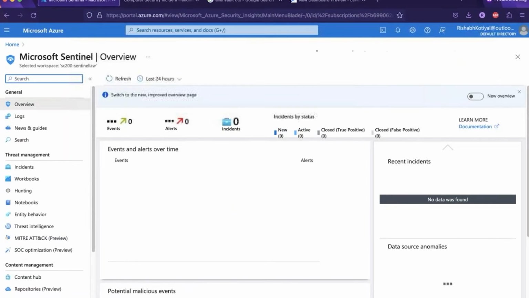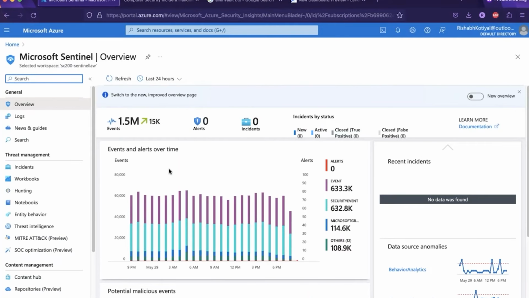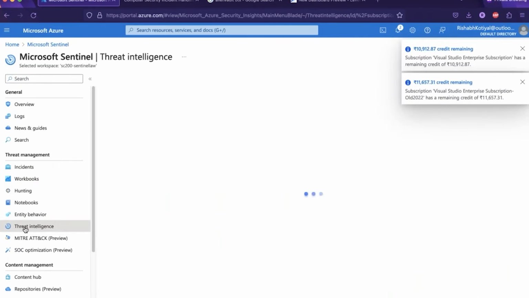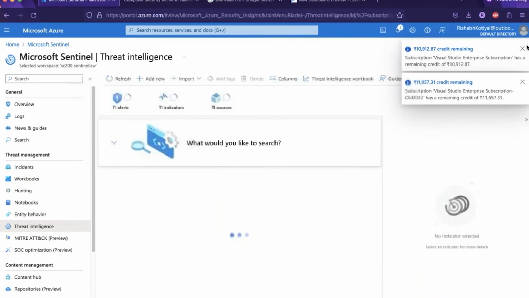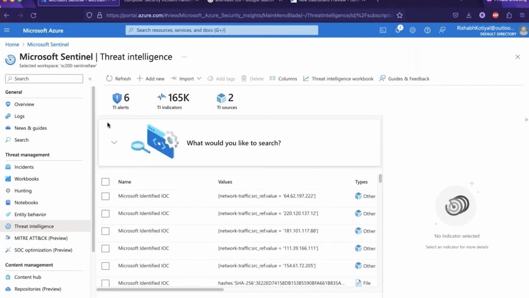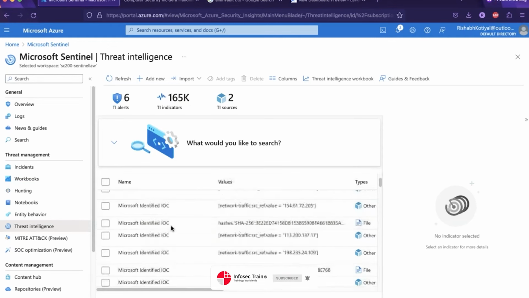Although it is not going to have a lot of incidents, because I created it just for testing purposes. I'm collecting a lot of security events, and on the left-hand side you will see the threat intelligence that I'm connecting over there. There are 6 threat intelligence alerts as well, and 165K indicators.